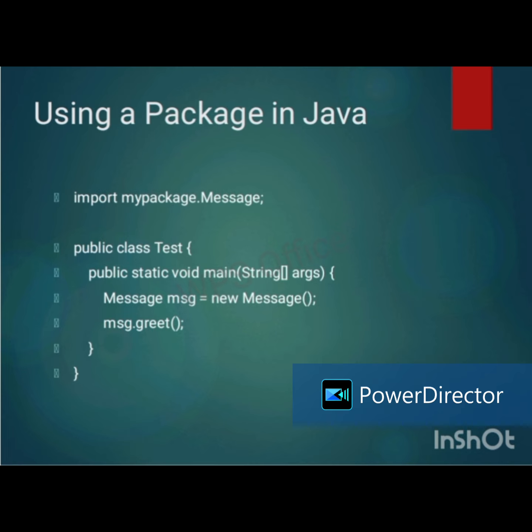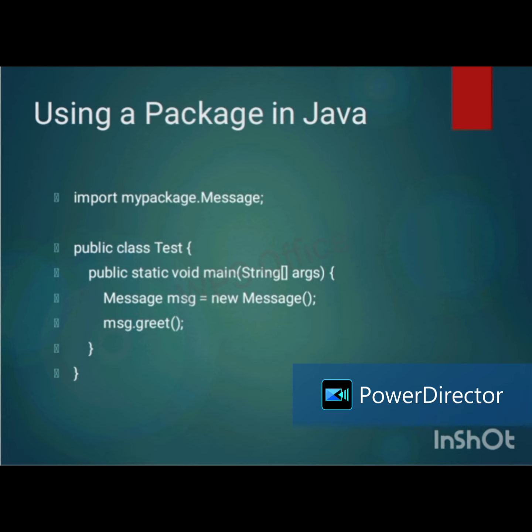Using a package in Java. Now that we have created a package, the next step is learning how to use that package in another Java class. This is where the import statement comes into play. It allows you to bring in classes from other packages so you can use them freely. Let's take a look at a simple example.